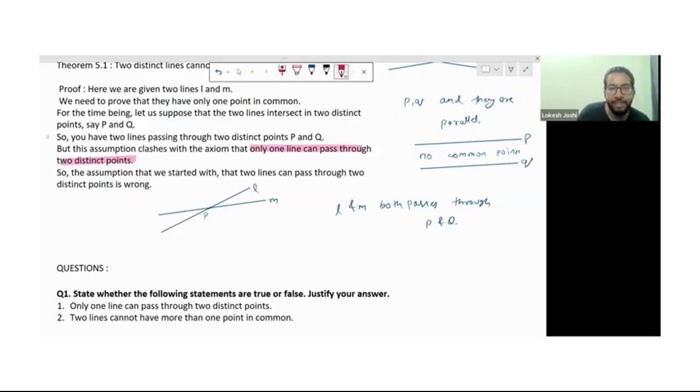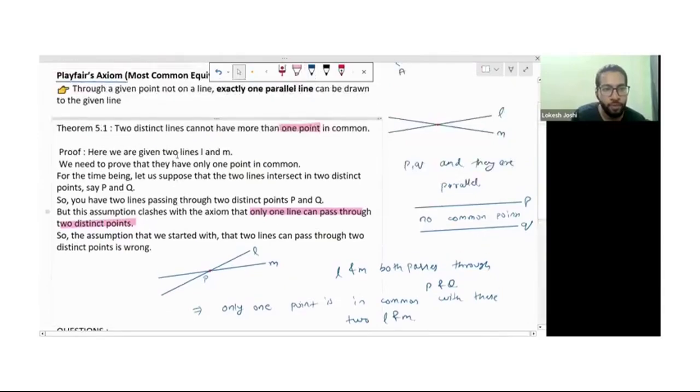So we can directly say that only one point is in common with these two intersecting lines L and M. That's all for this proof.